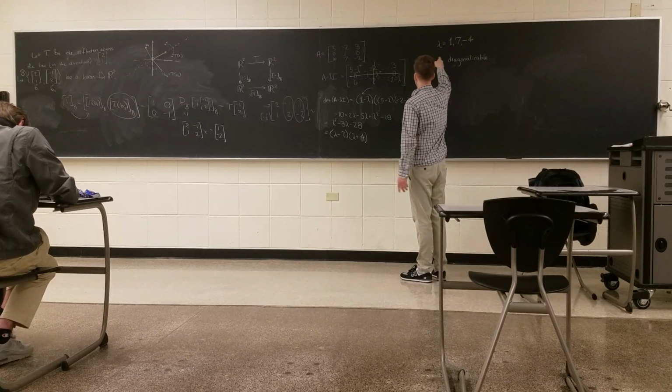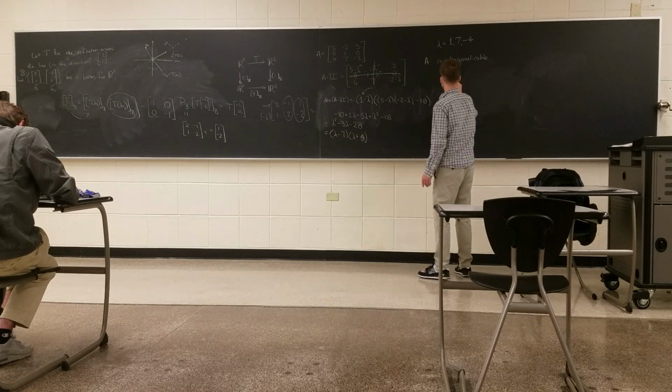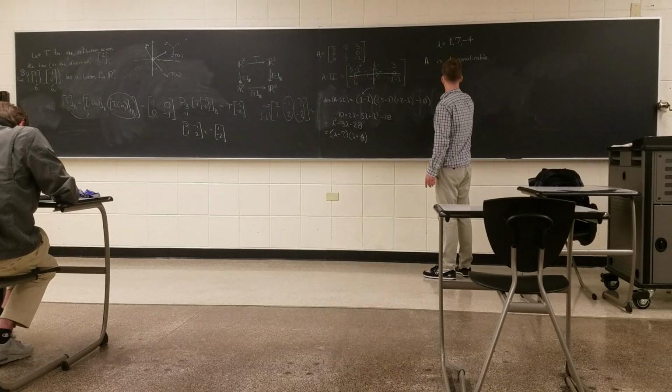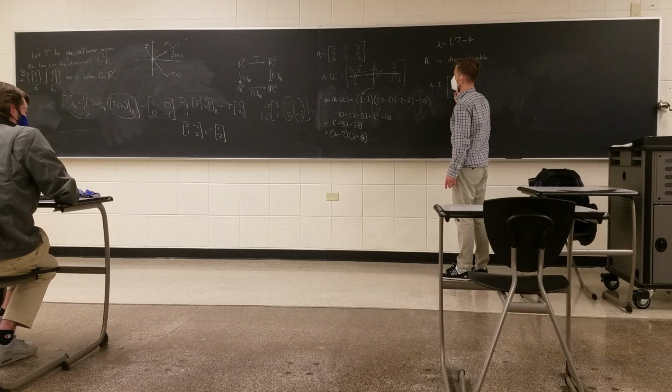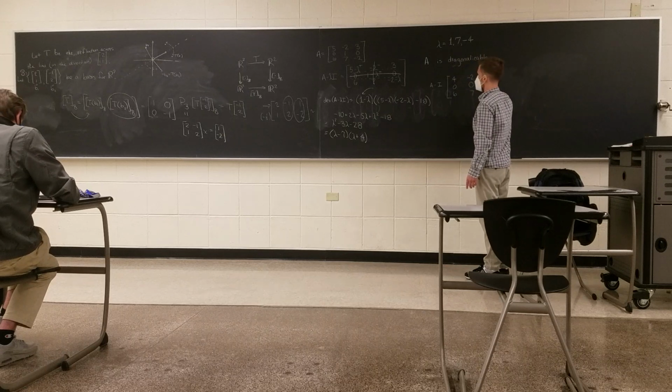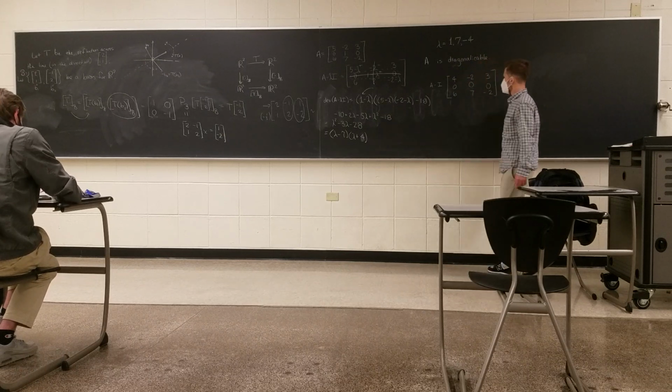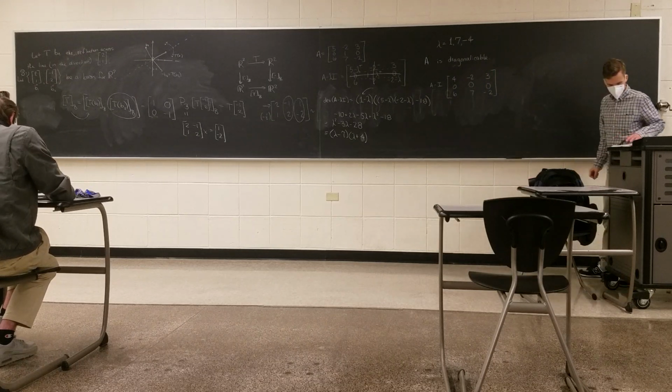Okay, lambda equals 1. We'll start off with that one. So A minus 1 times I gives the matrix 4, 0, 6, minus 2, 0, 7, 3, 0, minus 2.